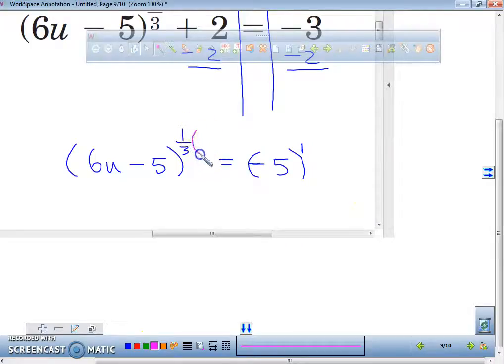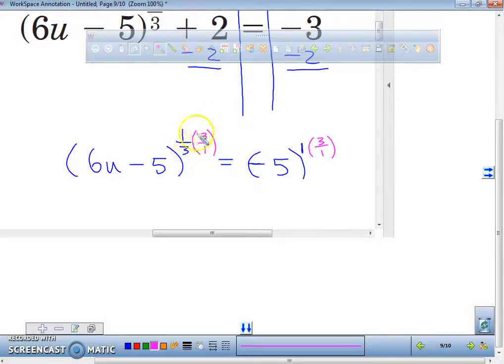What is the inverse of 1 over 3? 3 over 1. So I'm going to apply the power of 3 over 1 to this side of the equal sign, and I'm going to apply the exact same power of 3 over 1 to the right side of the equal sign.